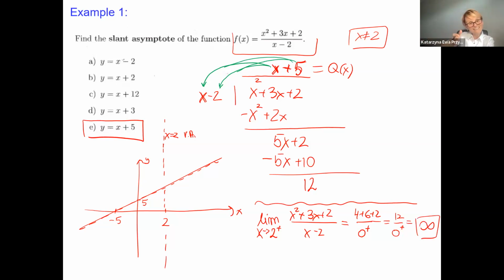That means on the right-hand side, the function goes to infinity. I'm just guessing that this will be the shape, because the function must go, maybe something like this. I'm really guessing.